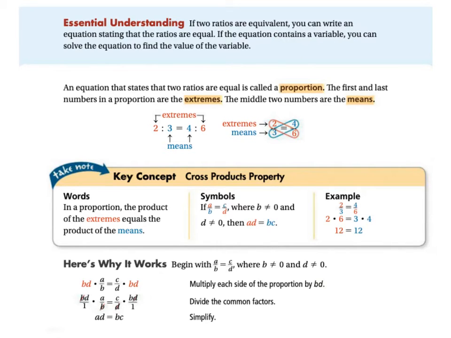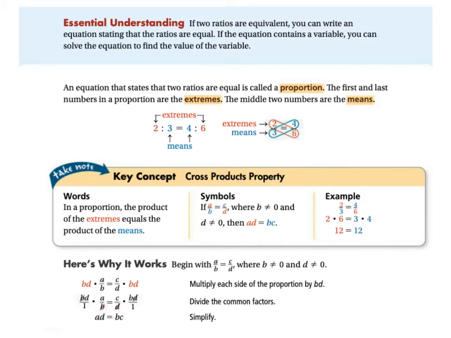You hopefully have already seen this before. They call the very lowest and very highest numbers the extremes. They're the extreme low and high values. And then the means are the closest ones together, those diagonals. 3 and 4 are close together. 2 and 6 are the furthest apart. Means and extremes. You should know that, but we're not going to test you on that. But you might see it in one of the questions.